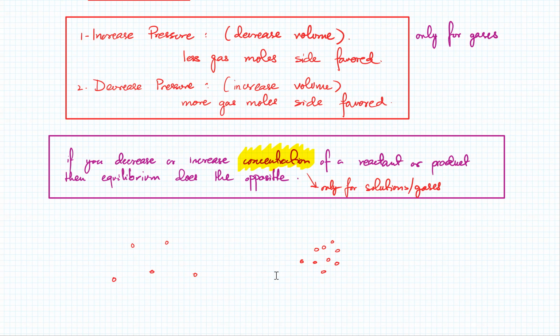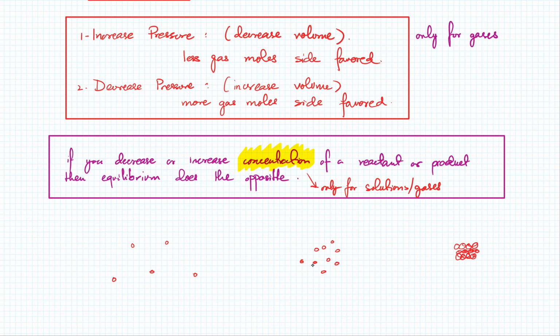Gas particles could be close together. Maybe at high pressure, they're forced together close to each other. Or maybe at low pressure, they're very far away. Okay, so solids के अंदर concentration does not make sense because solids के अंदर the particles are always tightly packed. So the spacing doesn't change. So they're always having the same concentration.